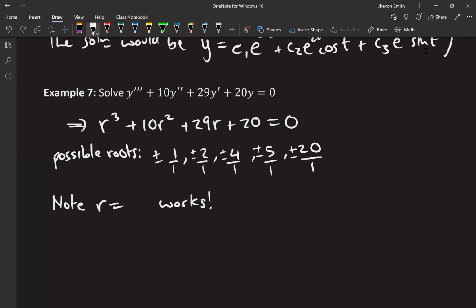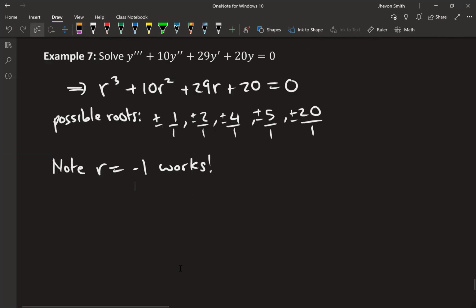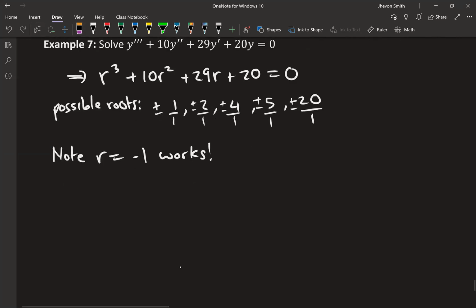If I take -1 for r, I would get -1 plus 10 minus 29 plus 20. Does that actually work? Yeah, that works. -1 works. Awesome, first try.